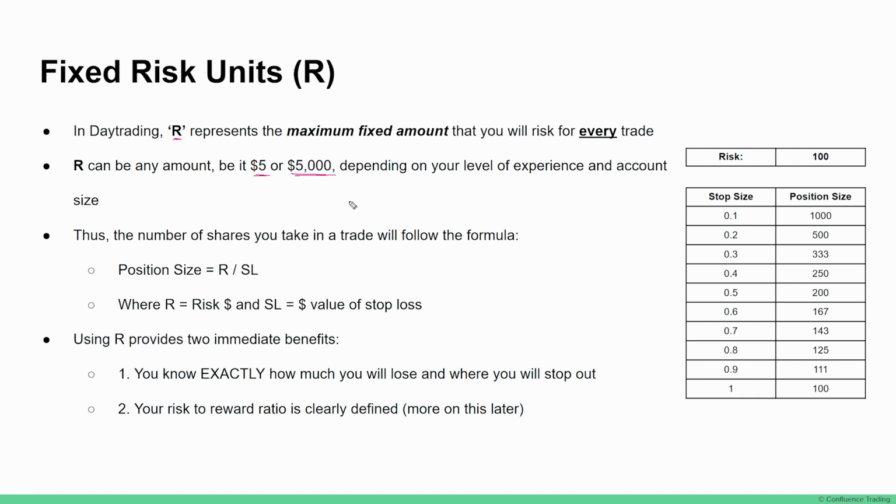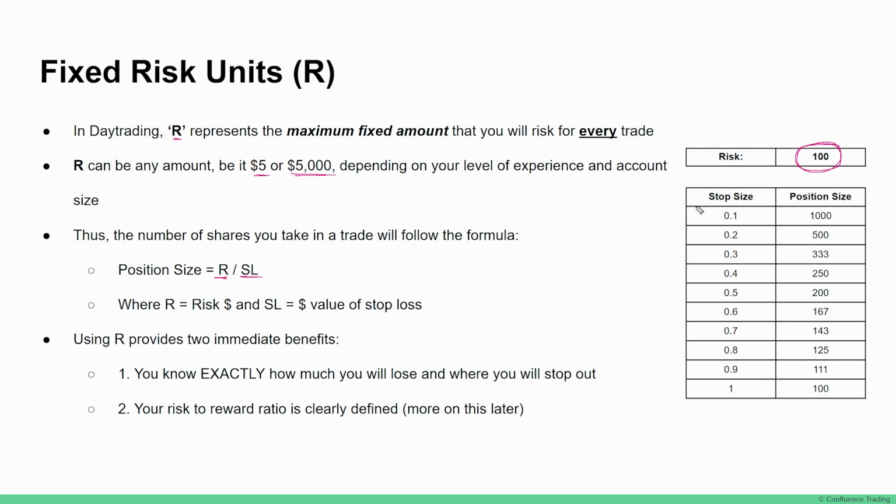So in order to calculate our position size on each and every trade to maintain a fixed risk level, we need to take that amount that we're risking, our R, and then divide it by the size of our stop loss in dollars. So just to give you a few examples of that, let's say that my R is $100 over here, okay?